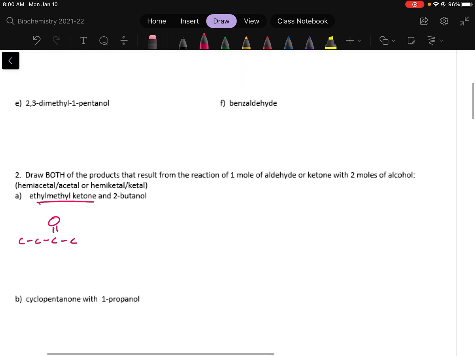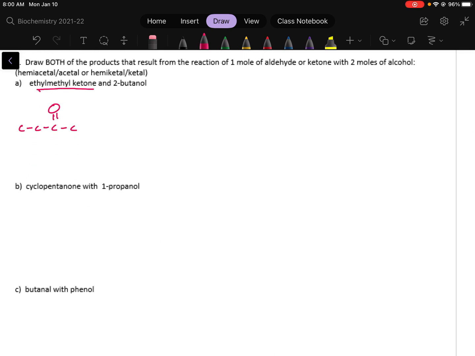Here's our ethyl group right here, and then here's our methyl group. Ethyl methyl ketone. I'm going to back those off because I want to keep this a little bit more clear and easy to look at.